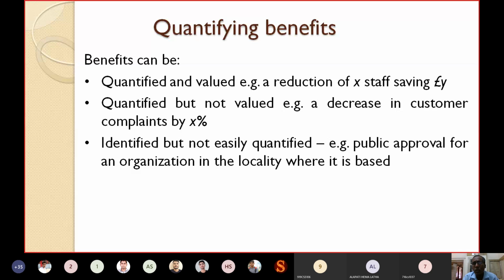Okay, now we can go for Airtel because our signal will be better and we can easily talk. So when the Airtel company gets public approval or the approval of the director for putting this tower inside the NIT campus, then obviously it is a benefit to the Airtel firm. So the benefit is identified but not easily quantified. But due to this establishment of the tower, how many SIMs they have sold or can sell, that cannot be quantified. So this is an example of a benefit which can be identified but not easily quantified.